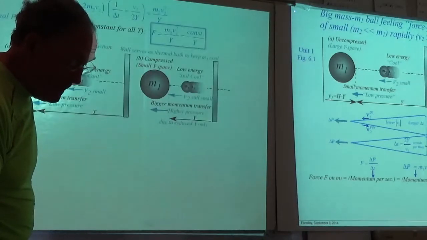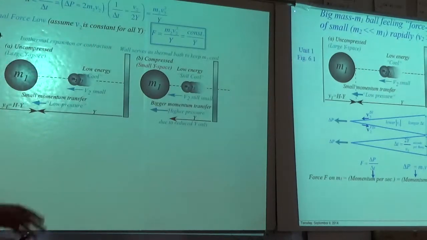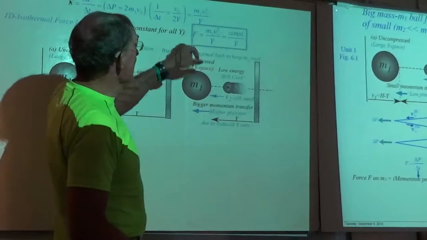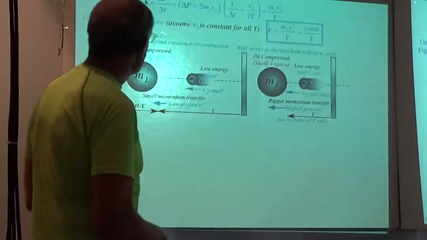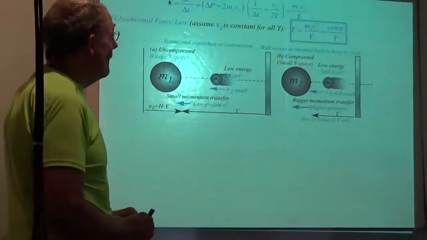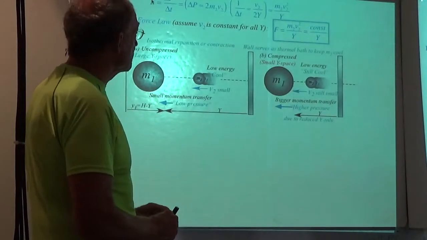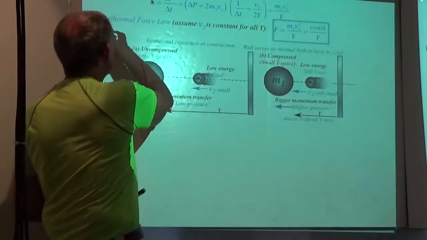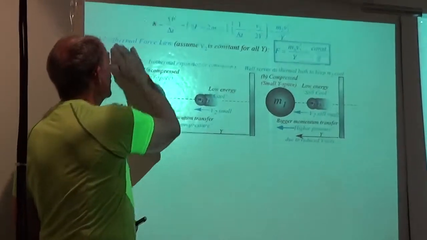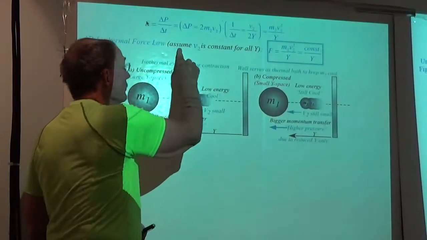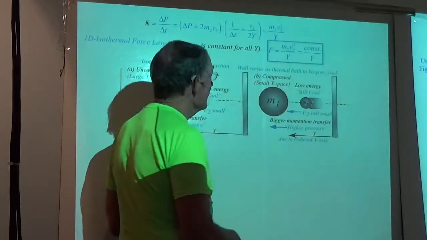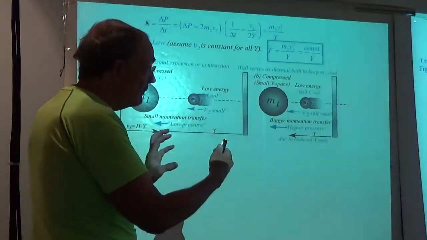All right. So bringing all of that up here, we have a force law that's like that. Now, I can assume that this is another force law, the isothermal force law. Assume that V2 is constant no matter what distance you have.